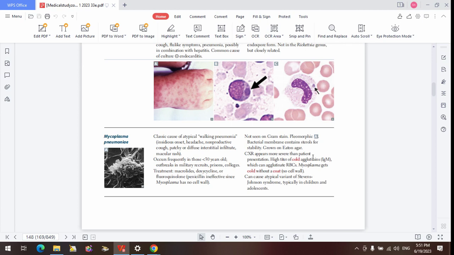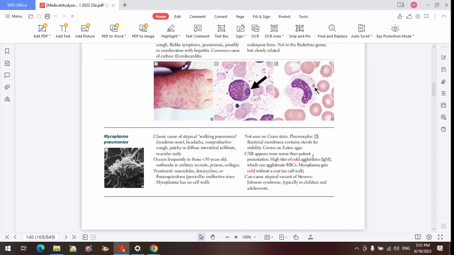So that person can be walking, can be very much alive, and we are going to see so many infiltrates, so many bad things on the X-ray. The X-ray is going to be very, very terrible compared to the presentation. So that's walking pneumonia.